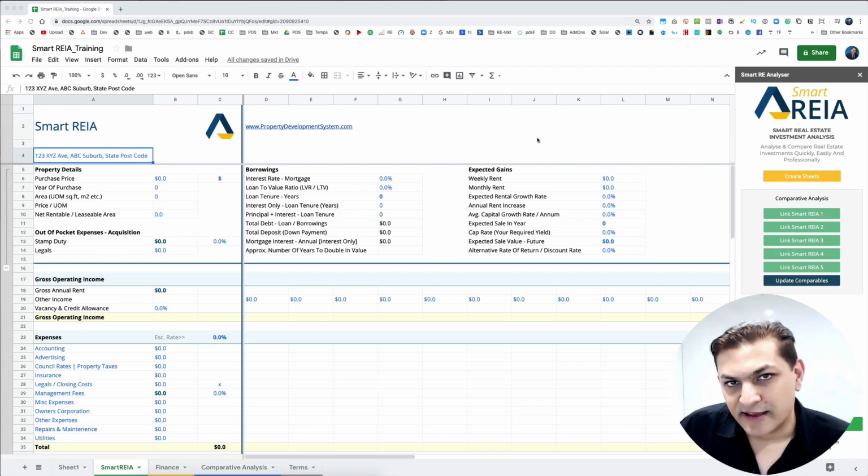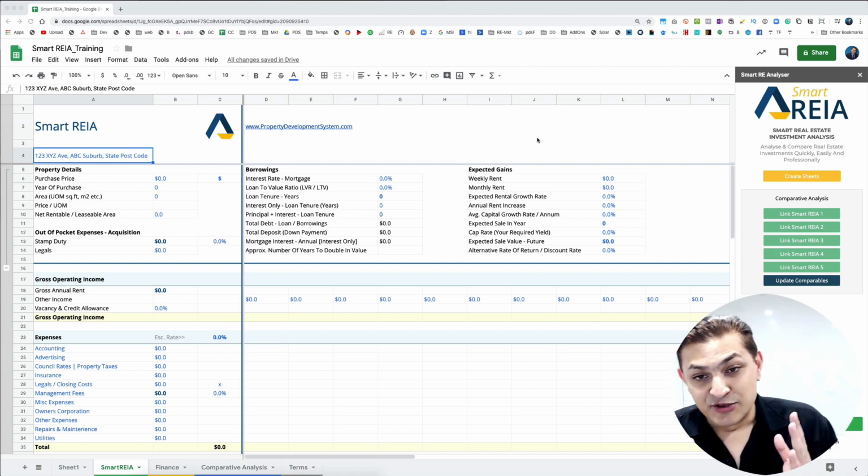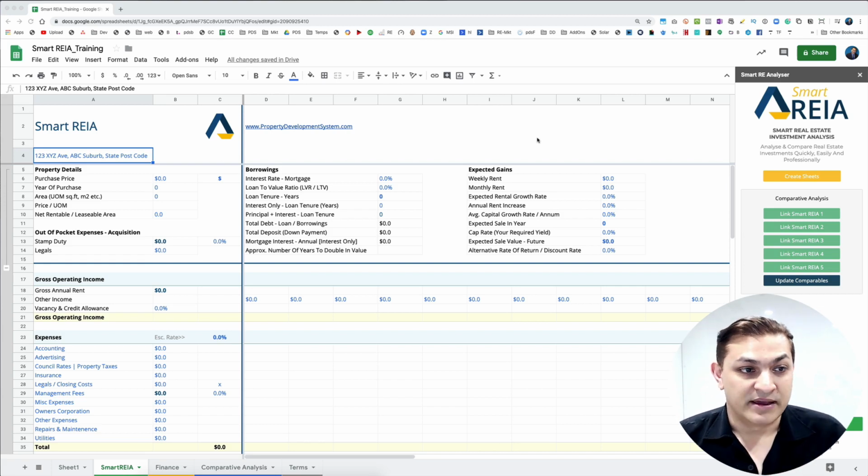Whilst I was creating it for my own purposes, I figured that every investor must use this because it shows them whether or not a property is worth investing in, based on certain assumptions that almost everybody knows before they're actually buying the property.